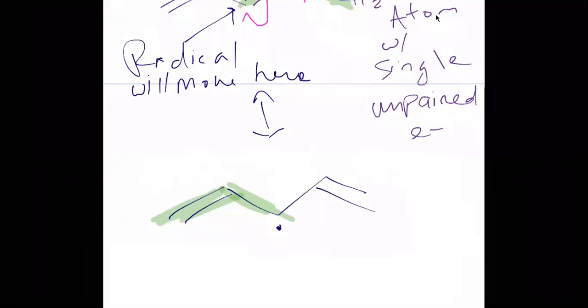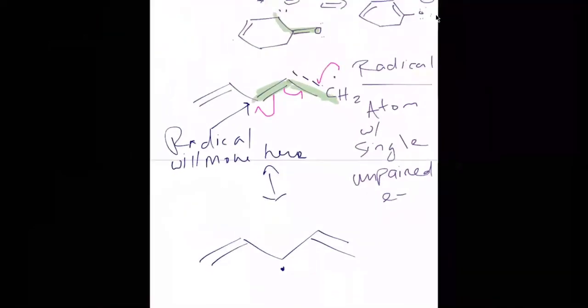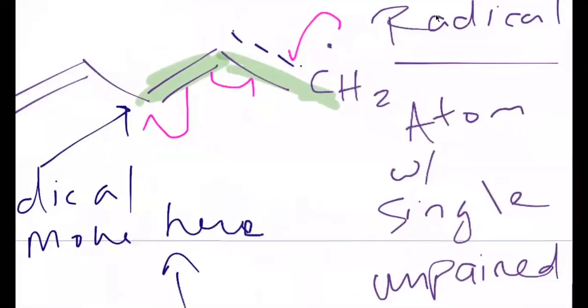Yes. I have a quick question. Go ahead. So is the electron always going to be shown in the skeletal form for the radicals? You've got to show the electron. If you don't show the electron, like let's say up here, I've got this as a CH2.